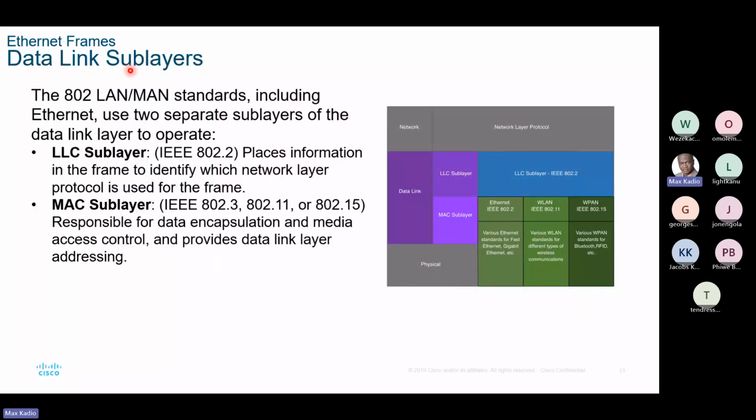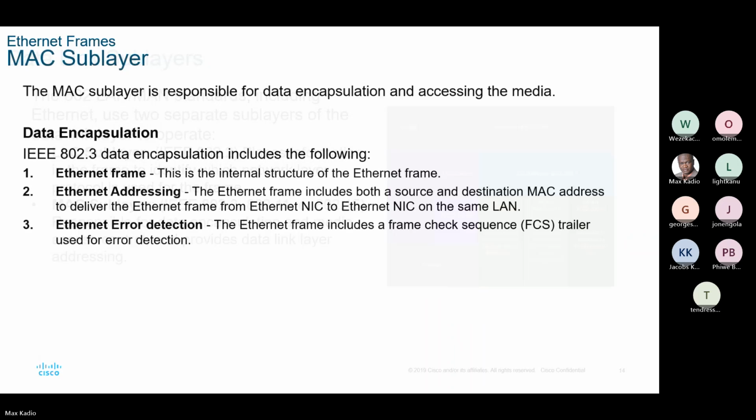At the data link layer, we have two sublayers, LLC and MAC. MAC address, you can check.